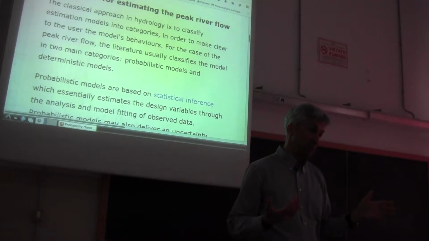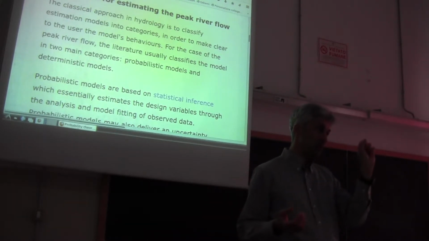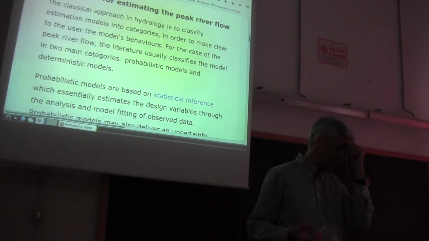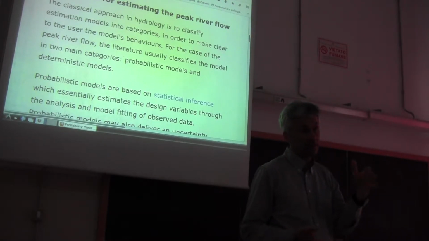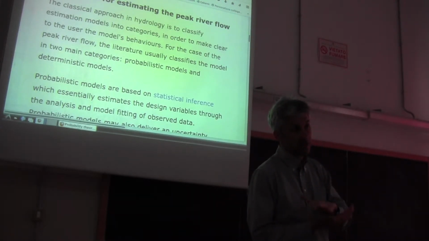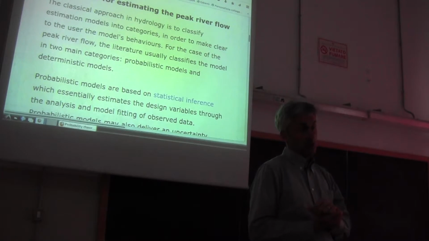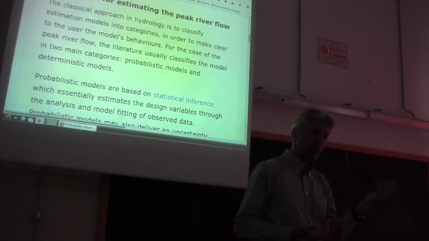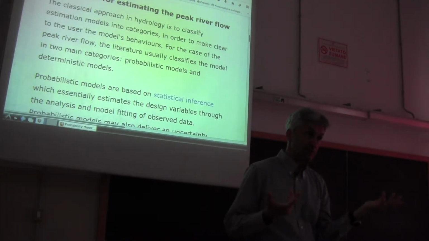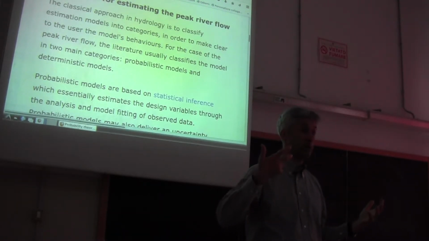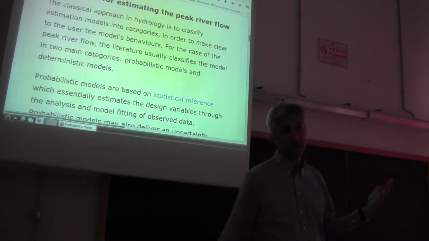Another way, because when you look at the coin, you may miss that the coin is not fair, it's loaded. Loaded means that there is a higher probability that it falls on a side rather than the other side. You may miss it. And therefore, another way is to make an experiment. Like you toss the coin 100 times and then you realize that you have a probability of 0.5 of getting a tail.